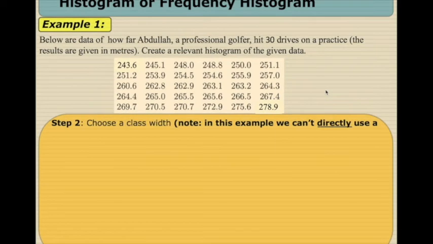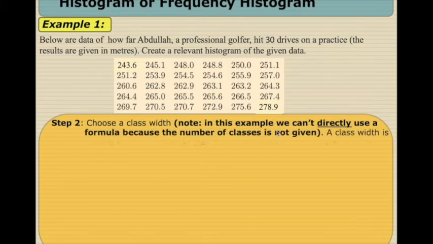Moving on to the second step. Here we are not given the class width and we are not given the number of classes. So what we can do, we can begin by guessing a class width, right?